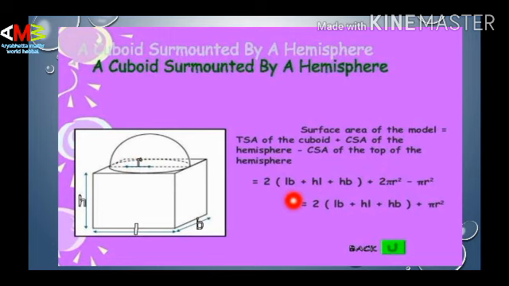Therefore 2 bracket LB plus HL plus HB is the TSA of cuboid, plus 2 pi r square is CSA of hemisphere, minus pi r square, because the base is common for both the hemisphere and the cuboid, so we remove it. Therefore 2 bracket LB plus HL plus HB, plus pi r square, since in 2 pi r square one pi r square is removed. That is the cuboid surmounted by a hemisphere.